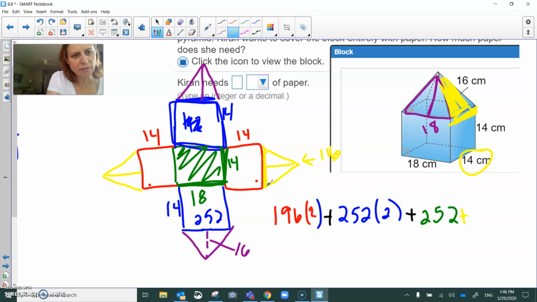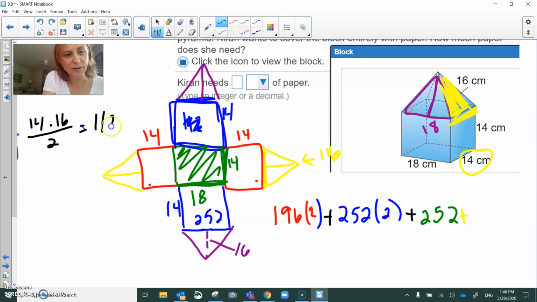And remember, the formula for the area of a triangle is base times height divided by 2. So it's going to be 14 times 16 divided by 2, which is, I think, 112. There's our 112.